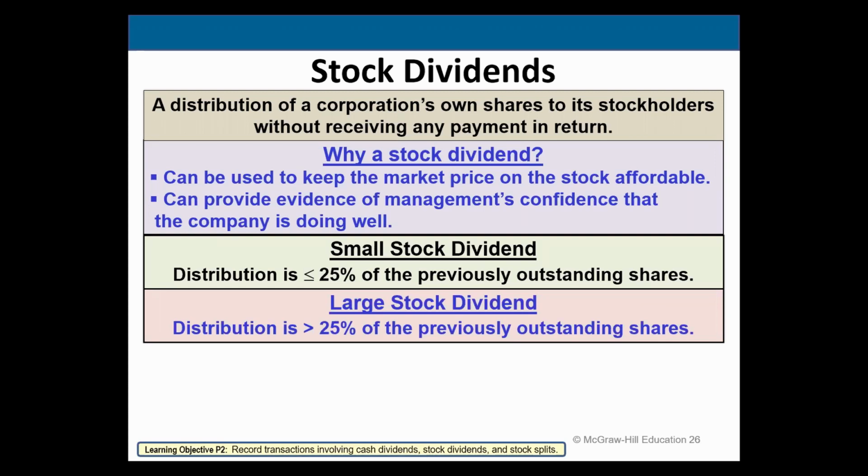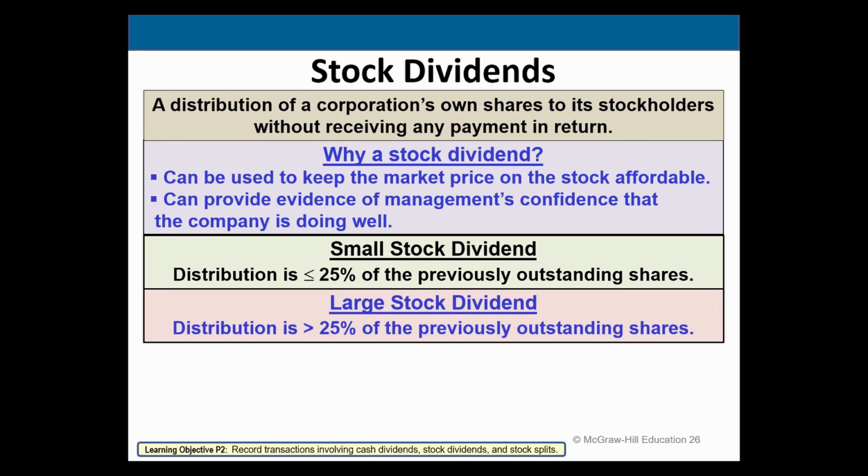Accounting for a stock dividend depends on whether it is a small or large stock dividend. A small stock dividend is a distribution of 25% or less of previously outstanding shares. It is recorded by capitalizing retained earnings for an amount equal to the market value of the shares to be distributed.